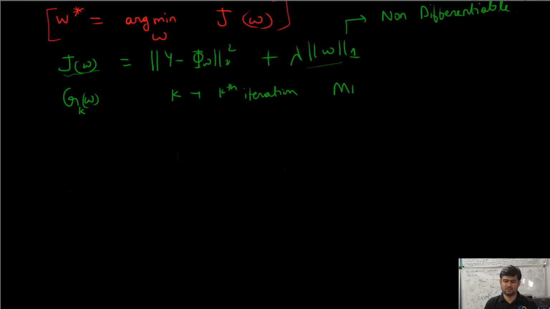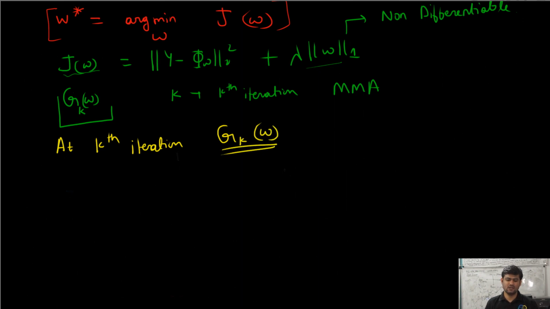To denote the dependence of this function on the iteration k, we denote it as g subscript k of W. By minimizing the sequence of these loss functions g_k of W, where k goes from 0 to infinity, we'll eventually be able to minimize the original loss function.